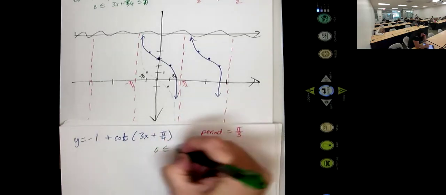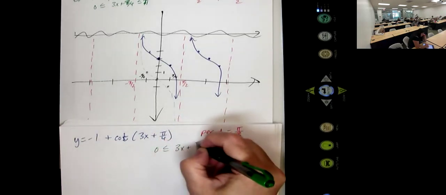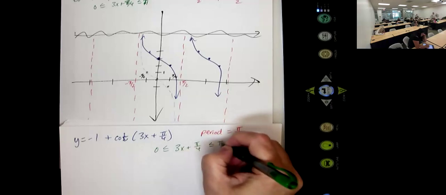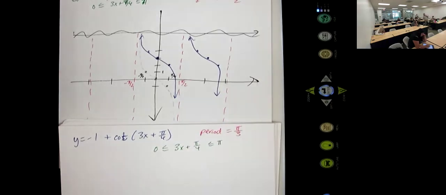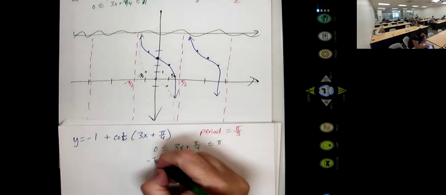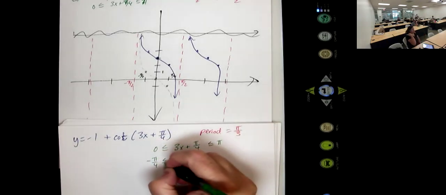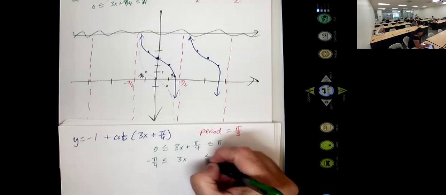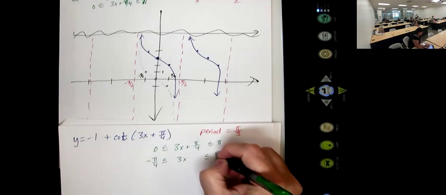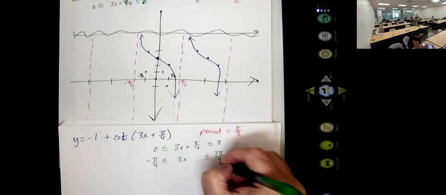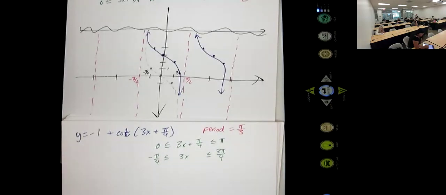We'll set up our interval. We'll subtract pi over 4 from all the spots. Pi minus pi over 4 is going to give us 3 pi over 4. And then I'll multiply by 1/3.